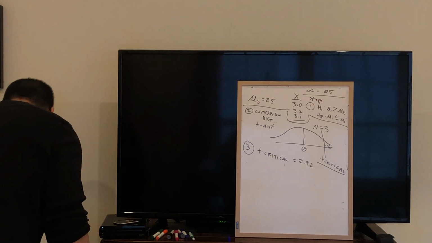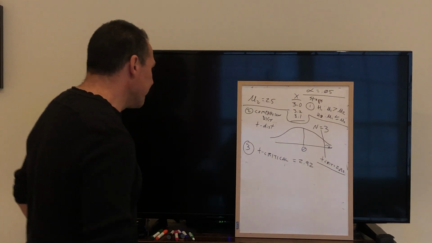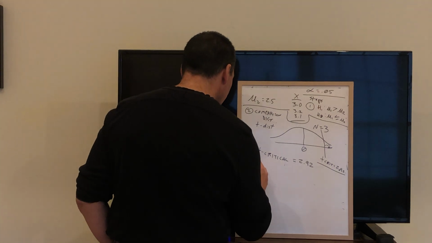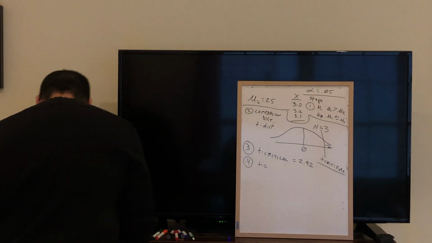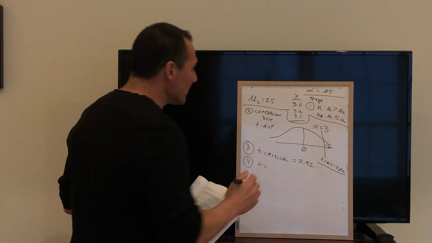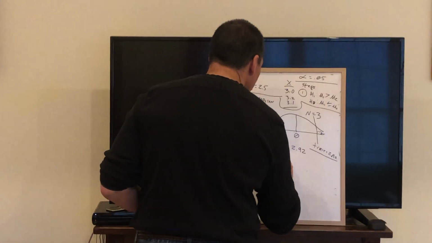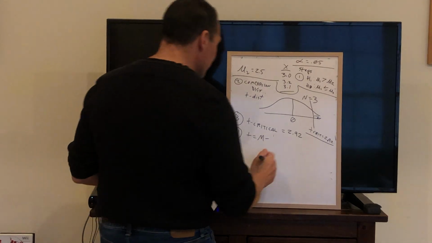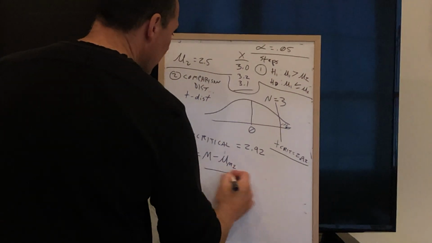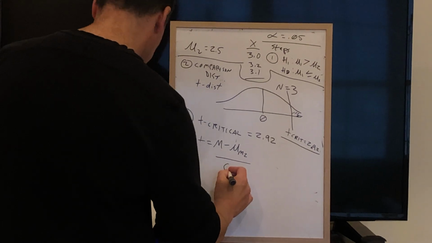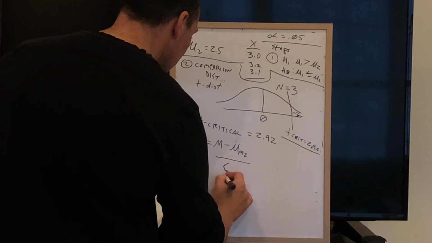Step number 4, we're actually going to compute t. Okay, so t equals a particular sample mean minus mu sub m sub 2 divided by s sub m.